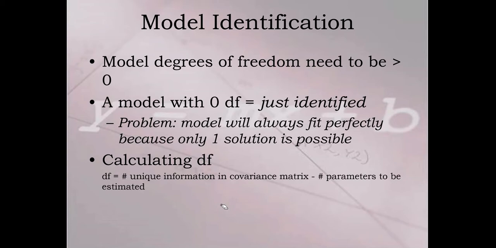And the problem with a just identified model is it's a little bit like me saying, okay, I'm thinking of a number between 1 and 1. What's the number I'm thinking of? Like, there is only one solution. So you're always going to get a perfect answer. But that does not mean that it's a perfect model. It just means you gave me no wiggle room.